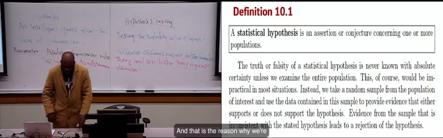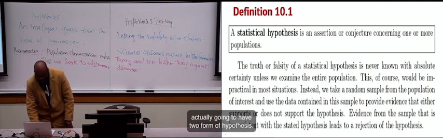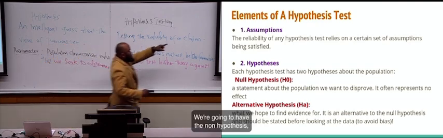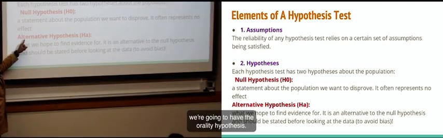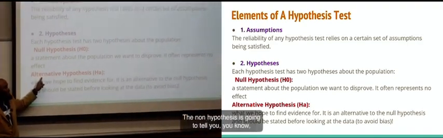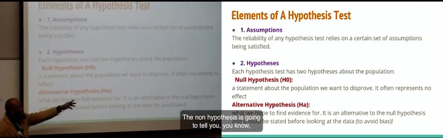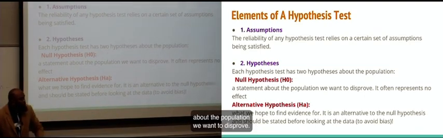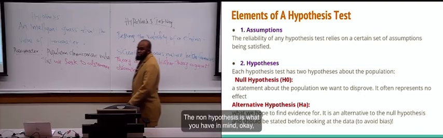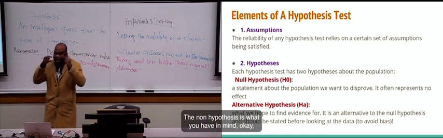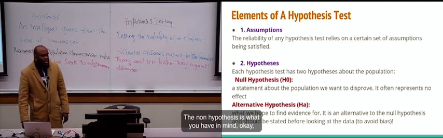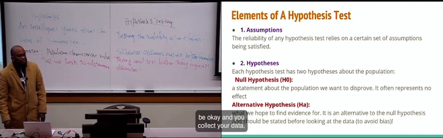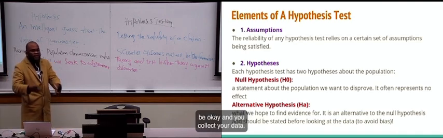And that is the reason why we're going to have two forms of hypothesis. We're going to have the null hypothesis and the alternative hypothesis. The null hypothesis is a statement about the population we want to disprove. The null hypothesis is what you have in mind, that the value of a parameter should be something. And you collect your data.